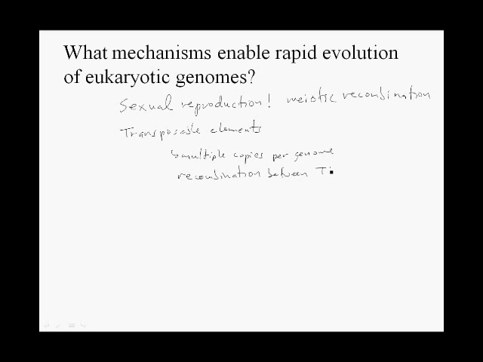Between transposable elements. And this recombination, when the transposable elements are located on different chromosomes, or if you have multiple copies of the transposable element in the same chromosome, but now the transposable element sequences are undergoing recombination with each other, this causes lots of chromosomal rearrangements.